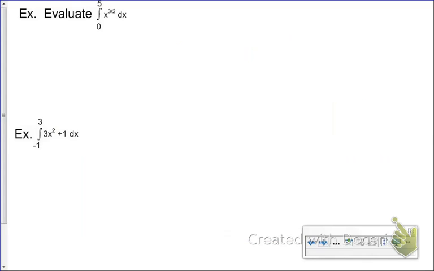Here are some examples. Evaluate the integral from 0 to 5 of x to the 3/2 dx. So all we're going to do with these examples is find the approximate area using the antiderivative method.